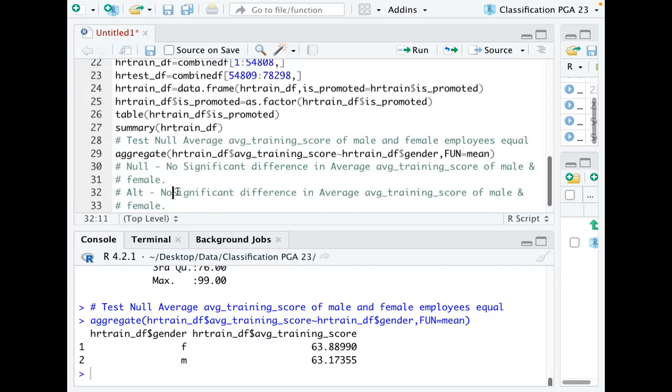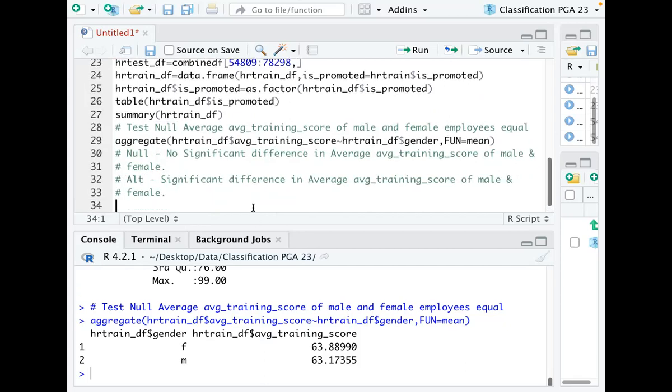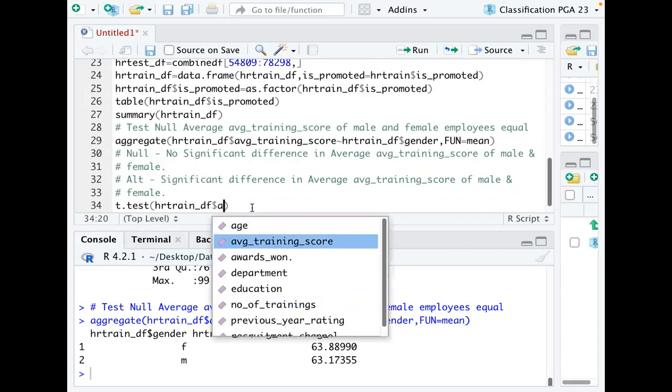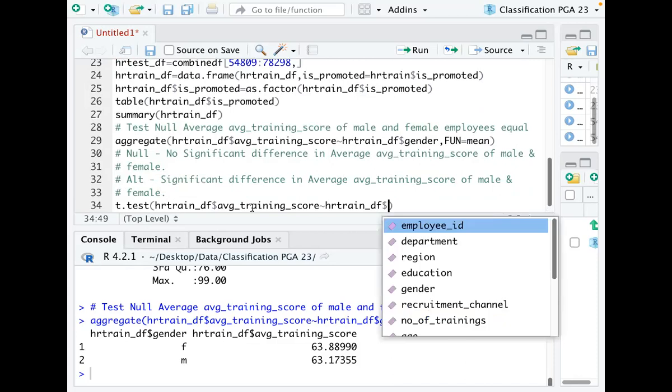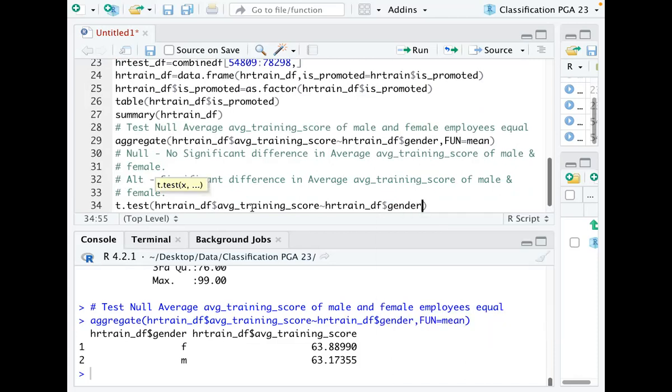Alternate: there is a significant difference. P dot test, which are trained df dollar average training score, tilde, which are trained df dollar gender.